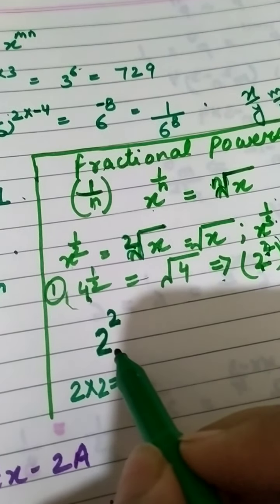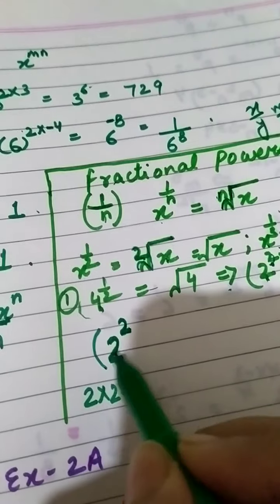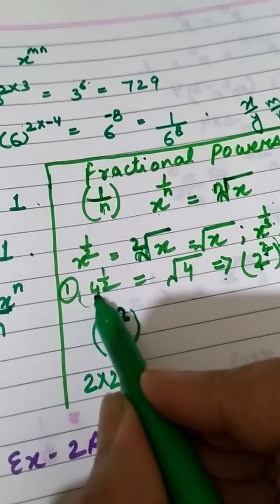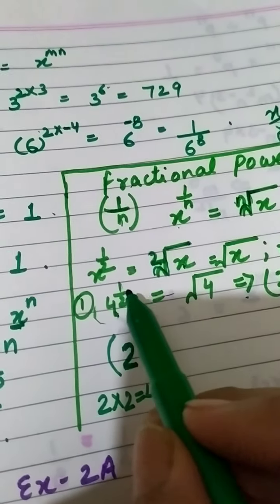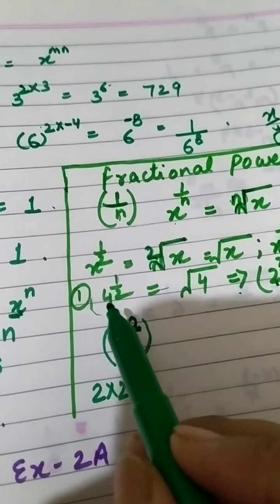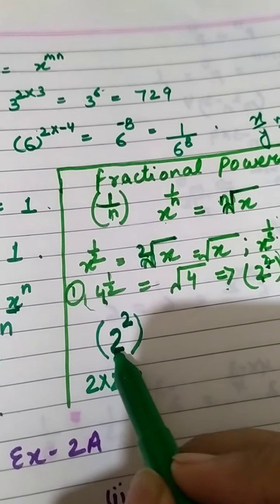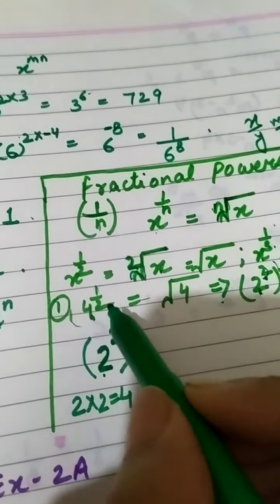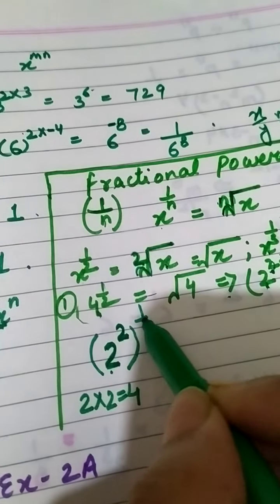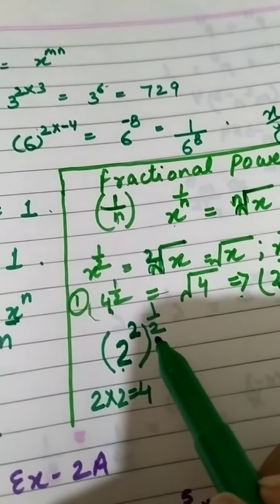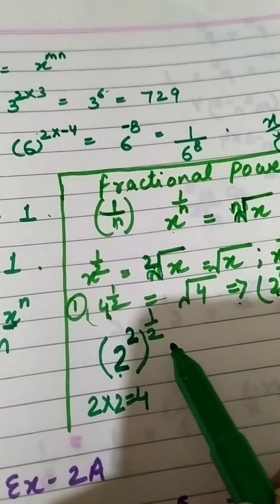Can I write it like this? Yes, means whole power. Now this 4 has power 1 upon 2. Now I have written this 4 like this, 2 raised to the power 2, and this 1 upon 2 here, means whole power 1 upon 2.